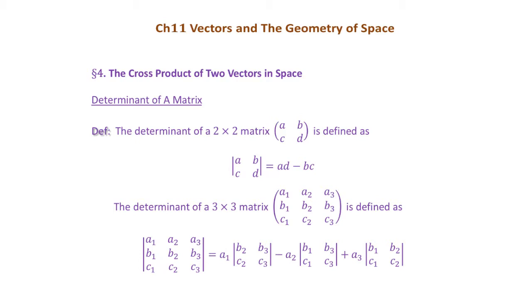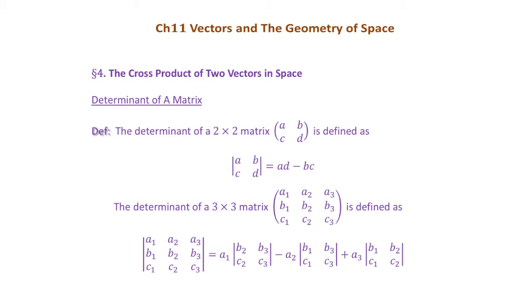And then you can define a determinant of a 3 by 3 matrix based on the 2 by 2 matrices. So let's say we have a 3 by 3 matrix, 3 rows and 3 columns. We call them A1, A2, A3 for the first row, B1, B2, B3 the second row, and C1, C2, C3 for the third row.